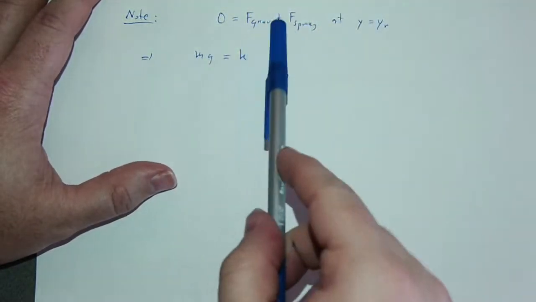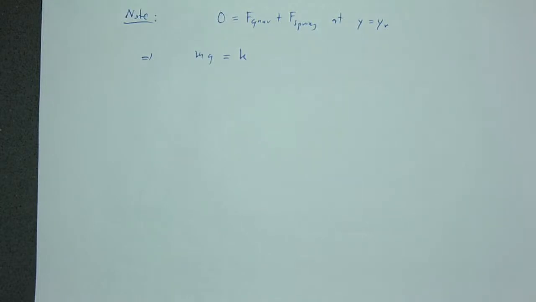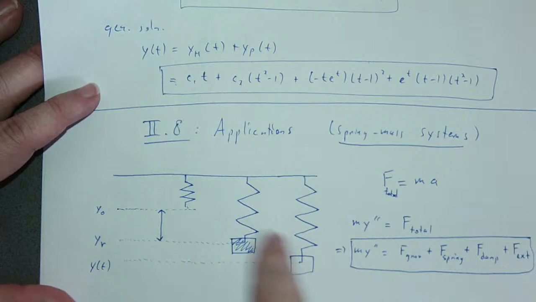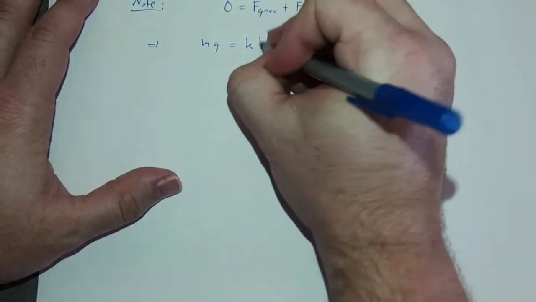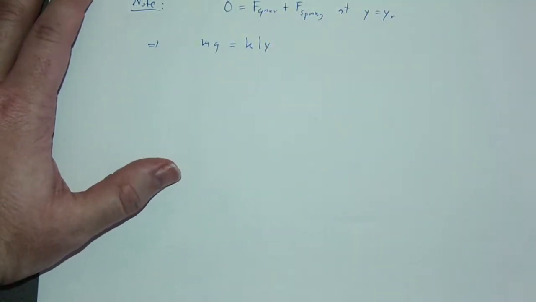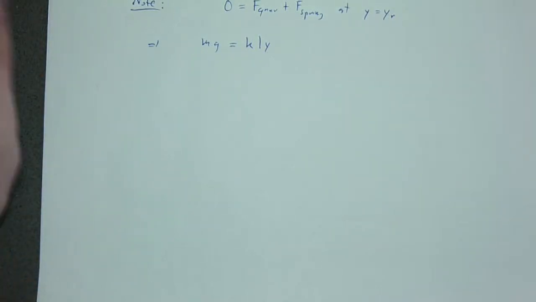The reason I can replace this with an absolute value is that if we've oriented the picture this way, the resting position, y sub r, is always going to be less than y naught, because it's going to stretch down. So I can replace this with the absolute value of y sub r minus y naught, or y naught minus y sub r, doesn't matter.